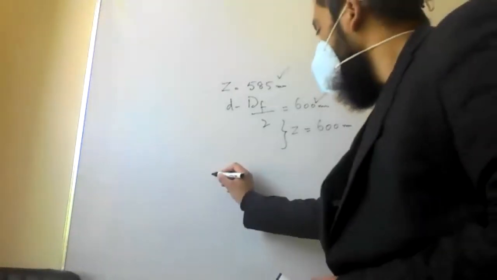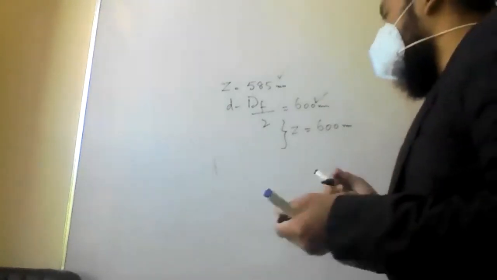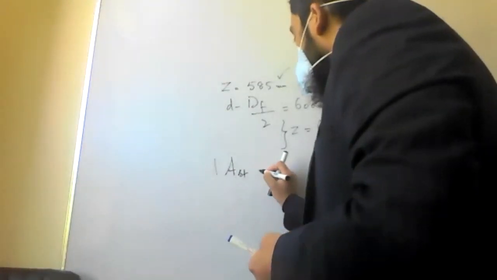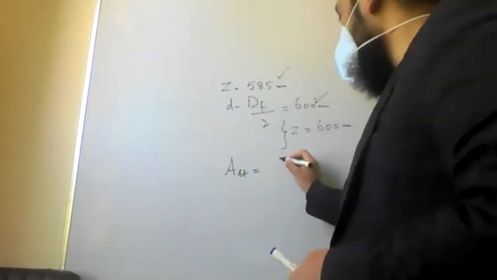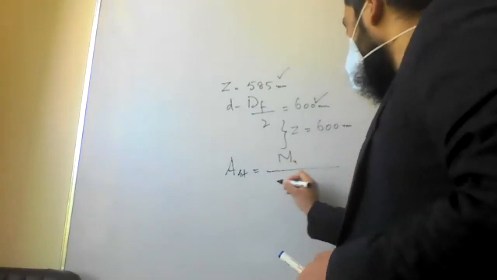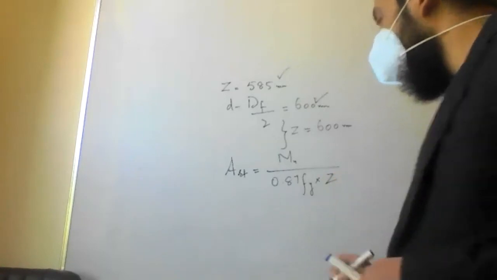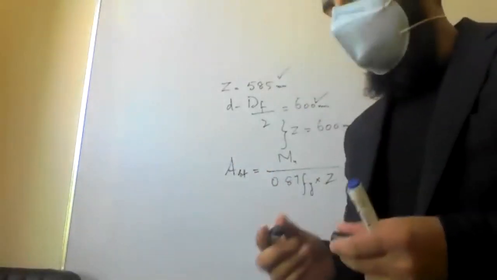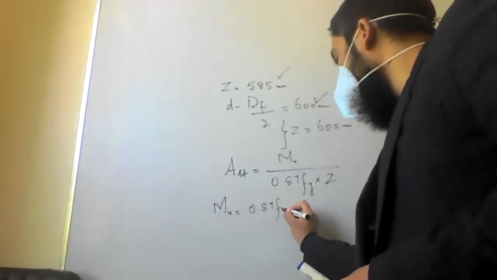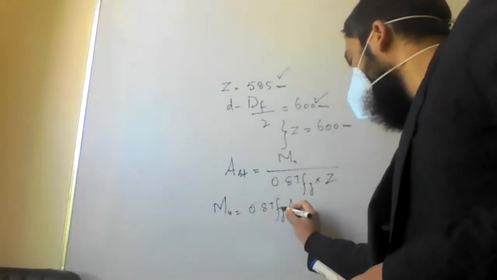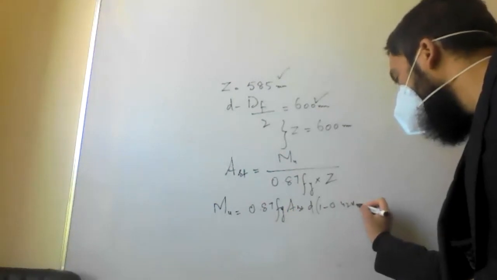Thereby, Ast, what is Ast? How would you get Ast? You will get it by Mu divided by 0.87 fy into Z. If you recall in the code, you have an equation given: Mu is 0.87 fy Ast, then you have a value d minus 0.42 something xu.